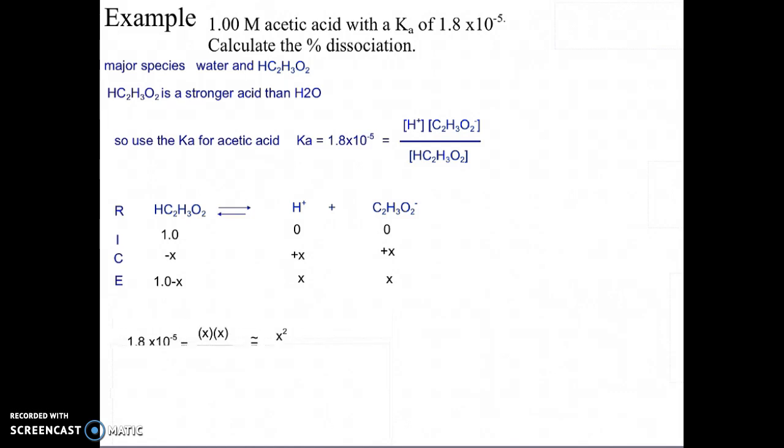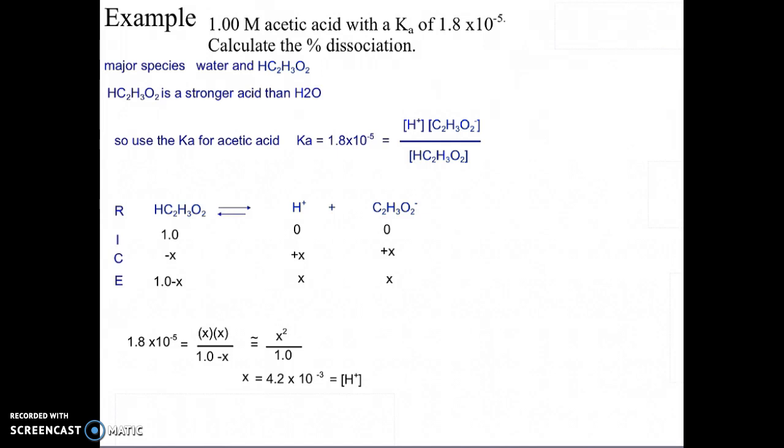I would say 1.8 times 10 to the negative 5, the Ka for acetic acid, is equal to x times x over 1.0 minus x, which, using the easy way, knowing that 5% rule, we can say is x squared over 1, which makes the solution much easier than having to do the quadratic equation. I would end up with x equaling 4.2 times 10 to the negative 3.